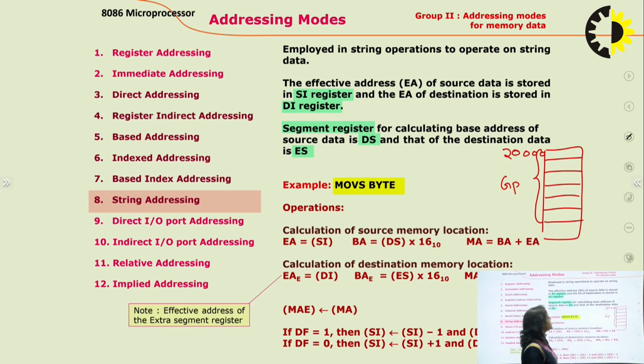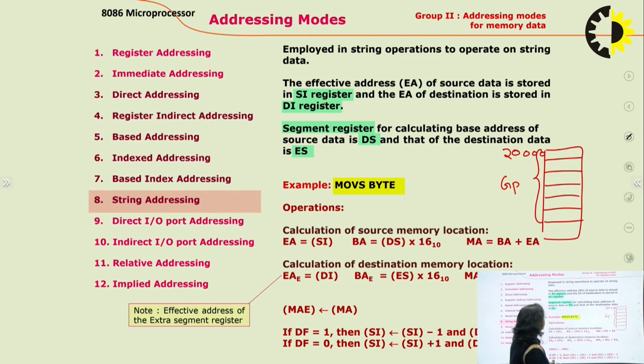So the string instruction means a string or set of data, and its effective address is specified in the source index and destination index registers. The effective address of the source string is specified in the SI register, and the effective address of the destination string is specified in the DI register. With the source register, the segment register is the data segment, and with the destination index, the segment is ES.